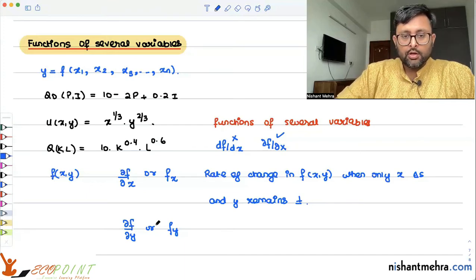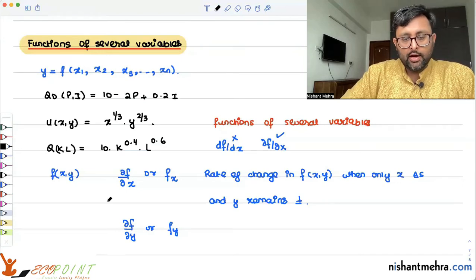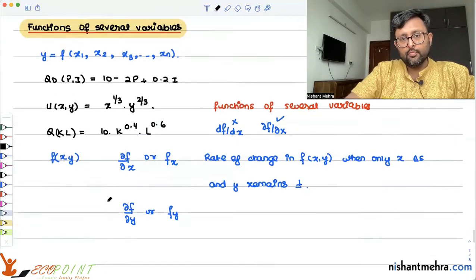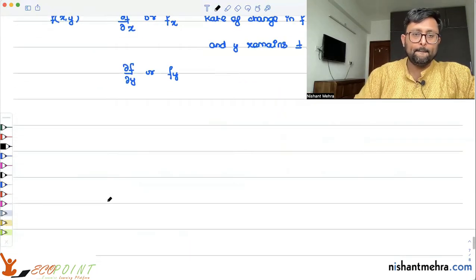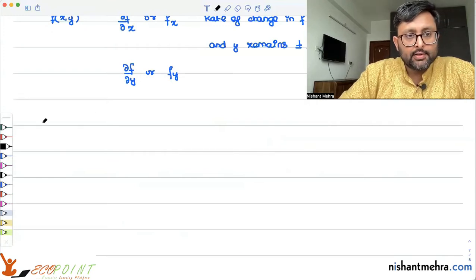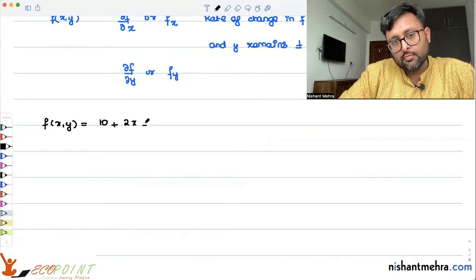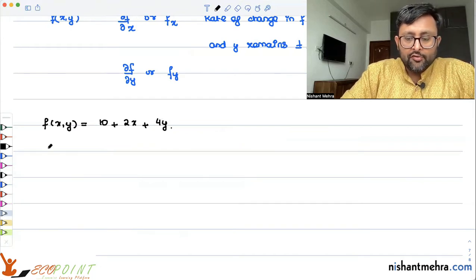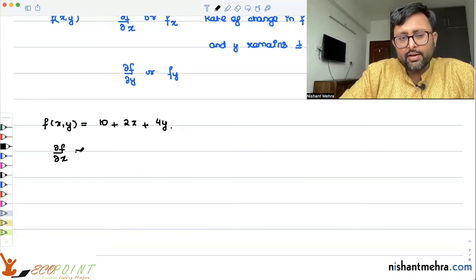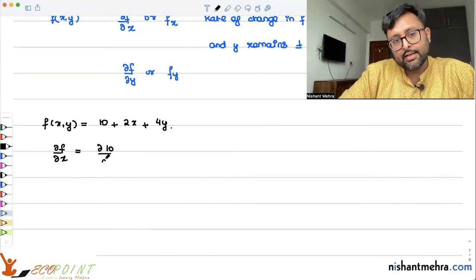That's what you do. So for example, you have a function like this. If I want to find del f by del x, I won't be writing it this way every time, but just for the first time I'm doing it like this.